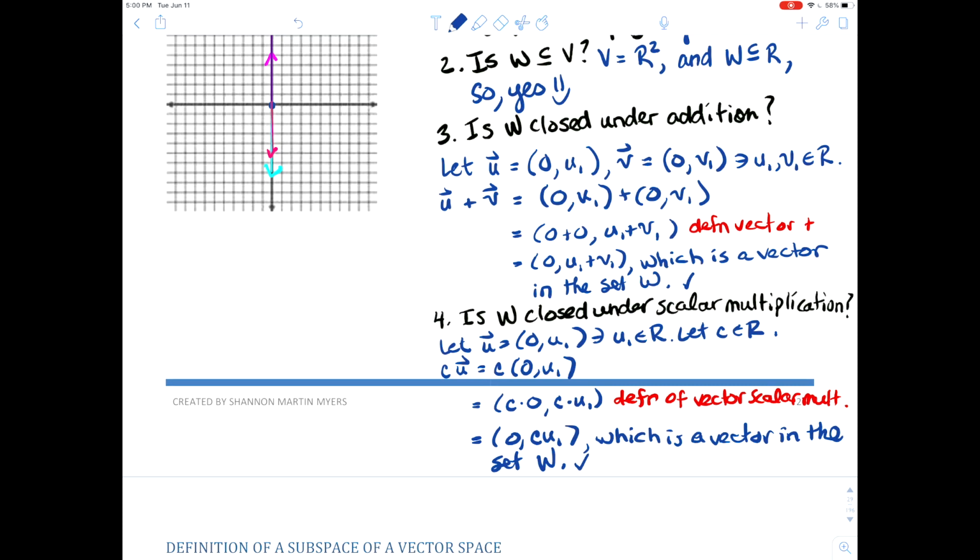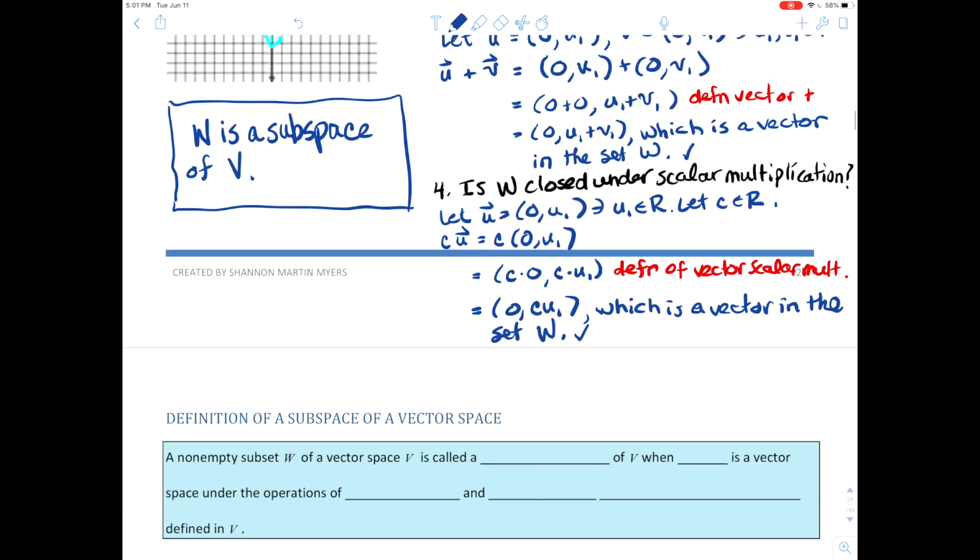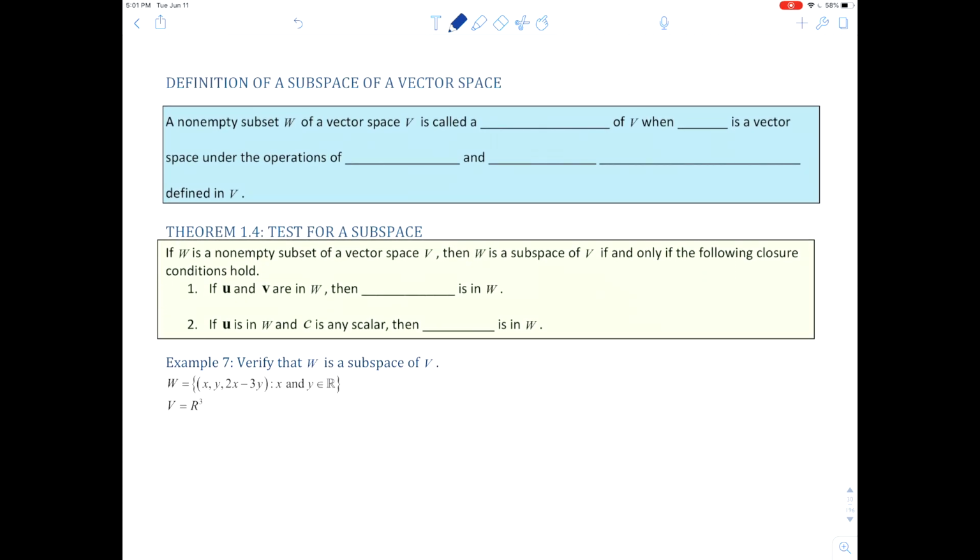So now, what's our conclusion? What do you think? It turns out that W is a subspace of V. So 4 requirements are way better than 10, right? All right, so definition of a subspace of a vector space. We'll get these out here.